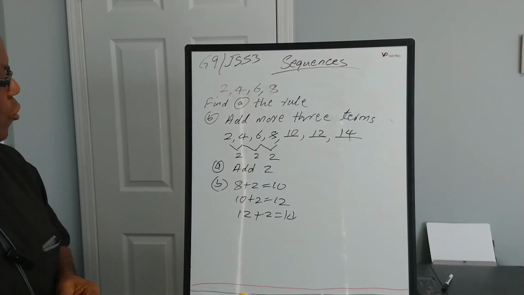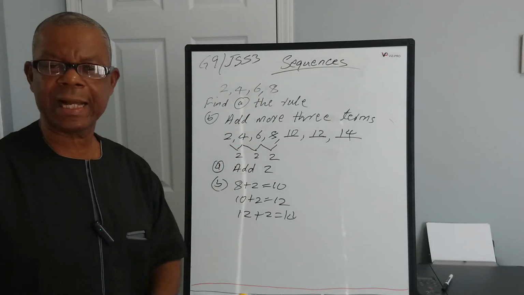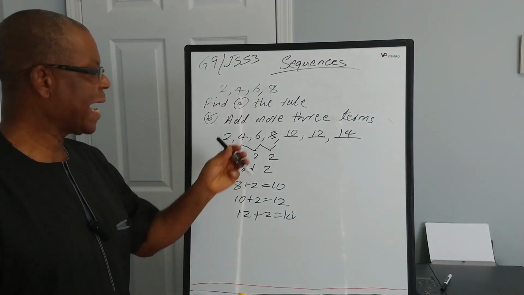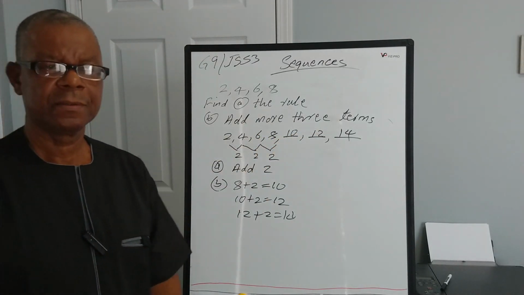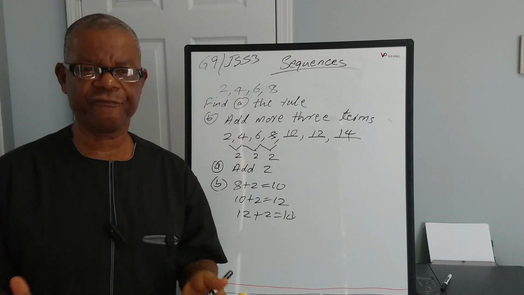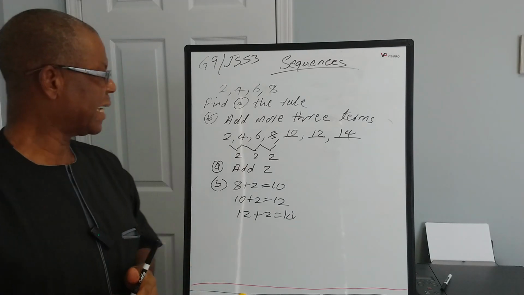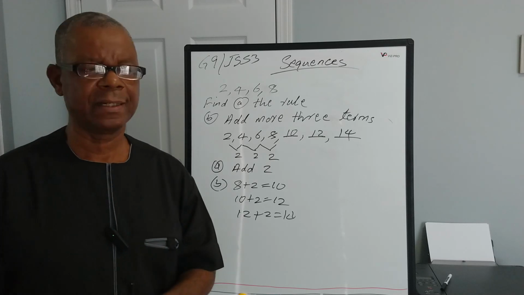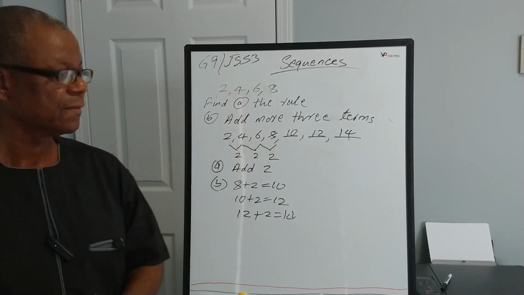So we have been able to find the rule of this particular sequence, and then add 3 more terms using the rule we have found, because it is the rule that informs us that after 8, the next one should be 10, and so on.